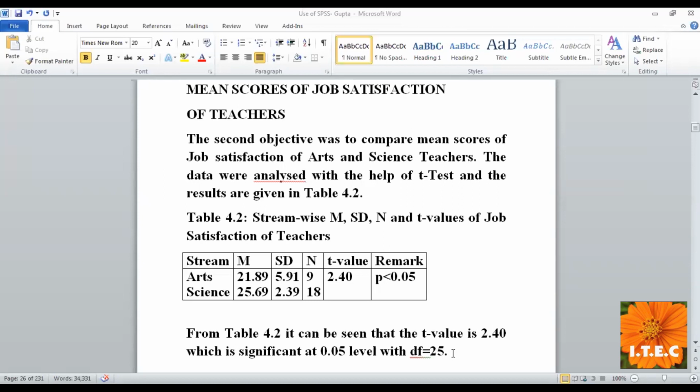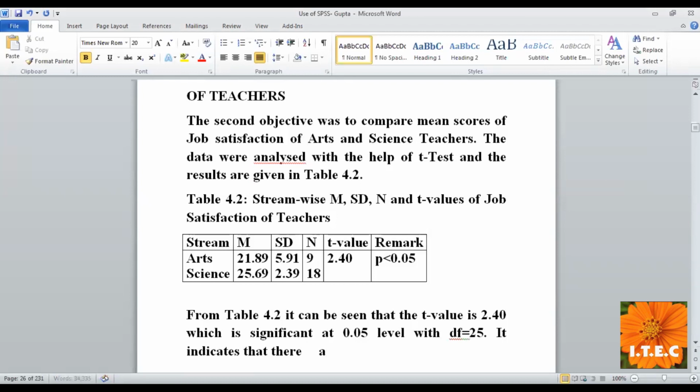Now the second sentence is that it indicates that there is a significant difference in mean scores of job satisfaction of arts and science teachers.